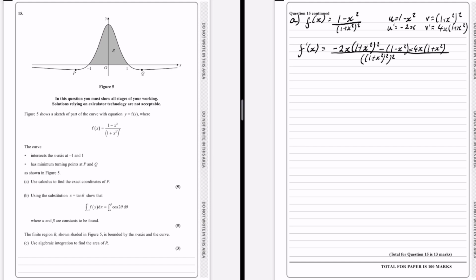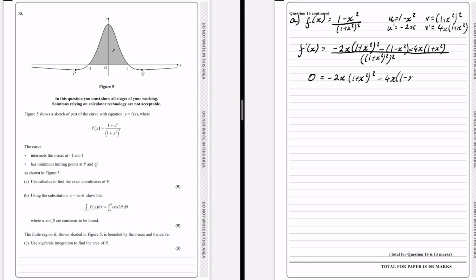Okay, we want the stationary point, so that's going to be equal to 0. I'll replace my f dash of x with 0. That means I can multiply by my 1 plus x squared squared squared, and that will disappear, and we'll be left with just the numerator, which I'm going to start to tidy up.